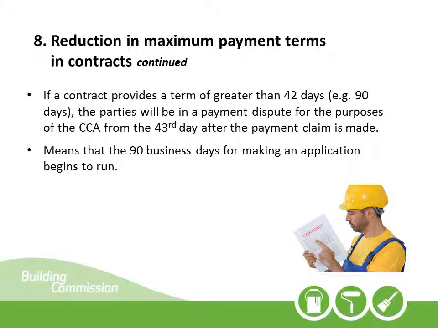This means the 90 business days to make an application will commence from that day, not the day under the terms of the contract when the payment is to be made. In anticipation of this change to the CCA, it is recommended that contractors and subcontractors begin to look at their standard form contracts and ensure that as of the 3rd of April 2017, they will comply with the requirements of Section 10 of the Act.